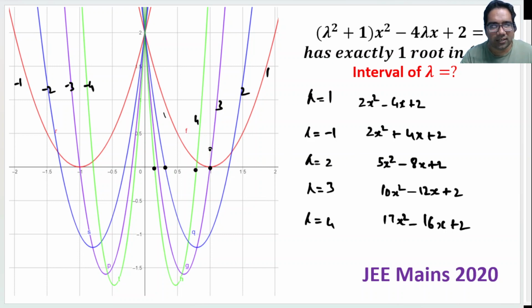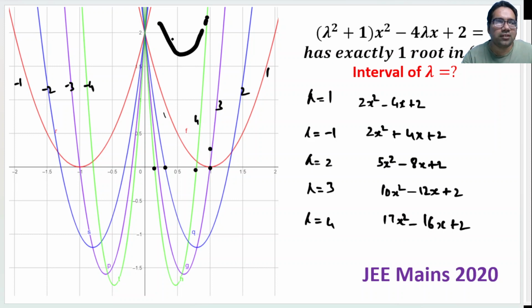If at x equals 1 this function is positive, then there is no way this parabola is touching the x-axis before 1, because we already discussed that the parabola will always be in the U shape. That means if it is positive at 1, there is no way it will have one root.